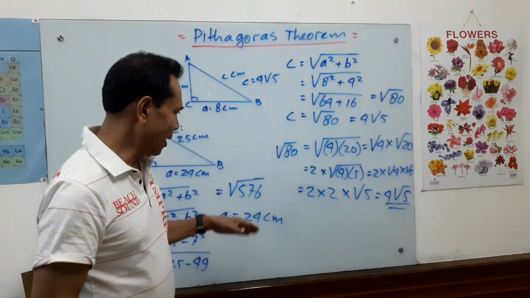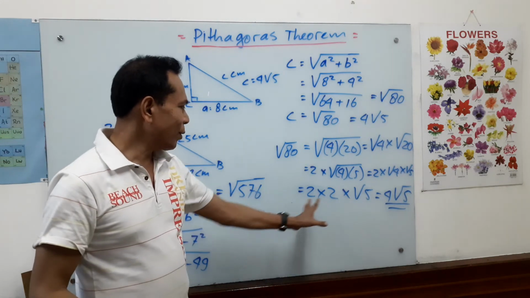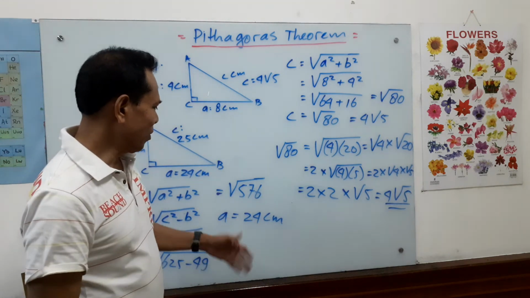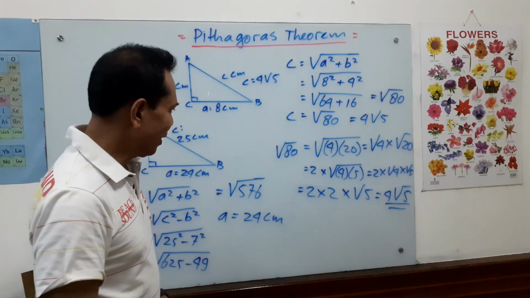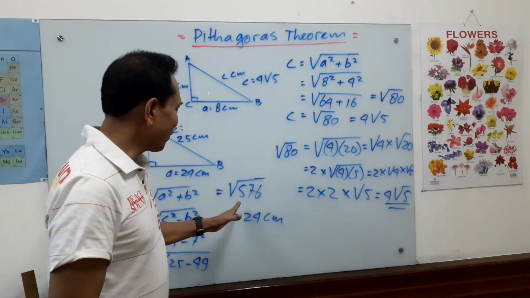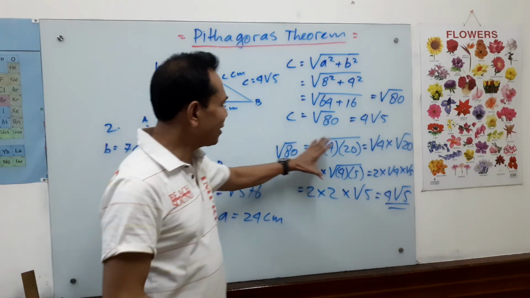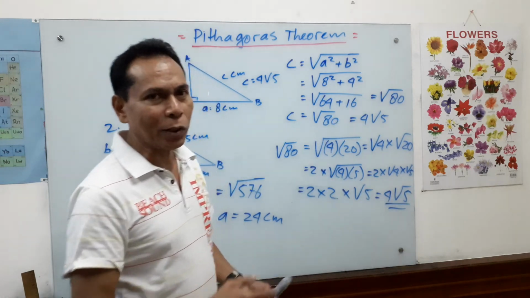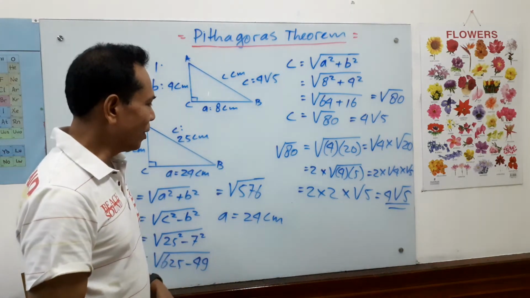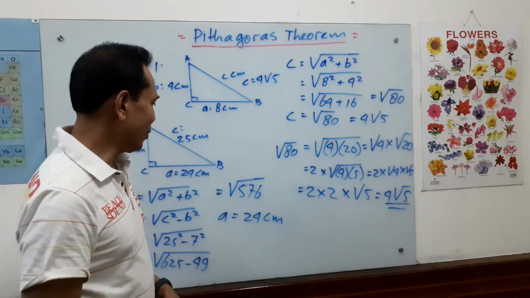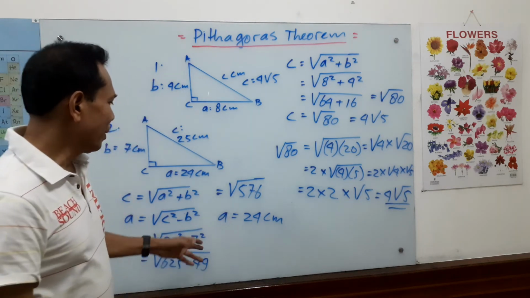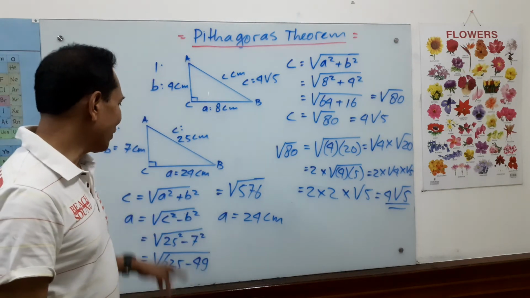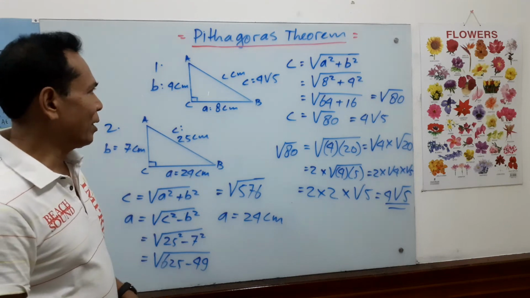We could do that easily. But it will require lots of space here. We don't have enough, so it's good we press the calculator. But the way of simplifying this square root is exactly the same, even thousand square root of thousands that we did before. No problem. So A is 24 centimeters, so the side is 24 centimeters.